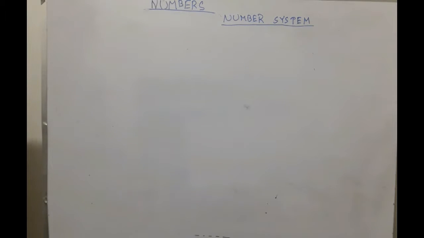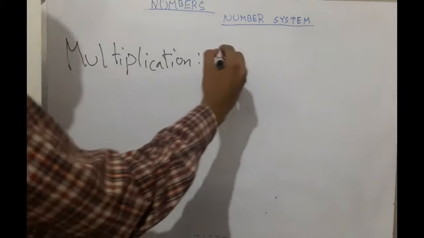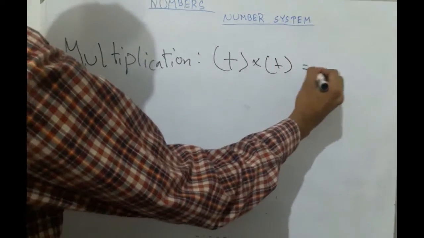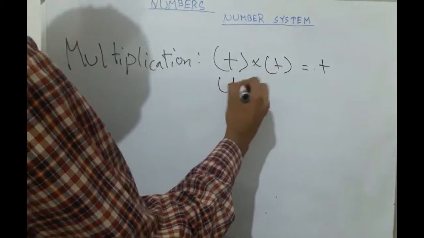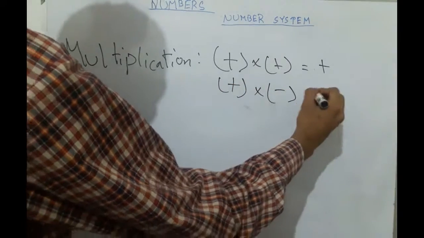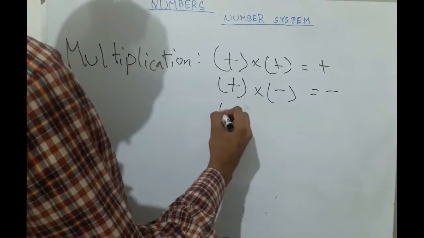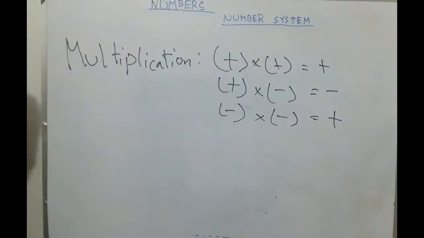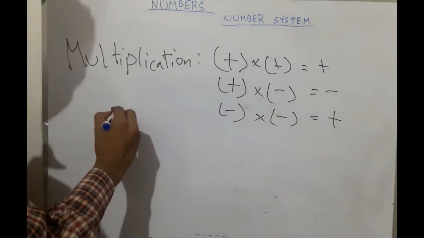Now let's review the rules of signs for multiplication. The rules of signs are pretty simple here. Positive into positive equals positive. Positive into negative equals negative. Negative into negative equals positive. So let's do examples here. Two numbers, 2 and 3.